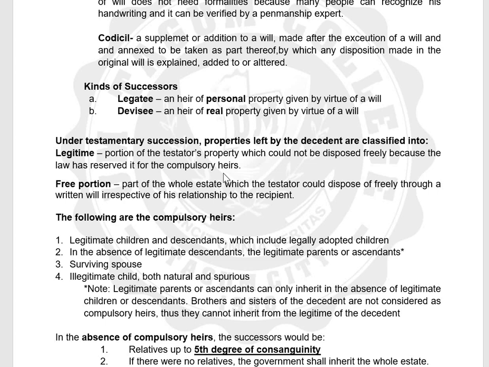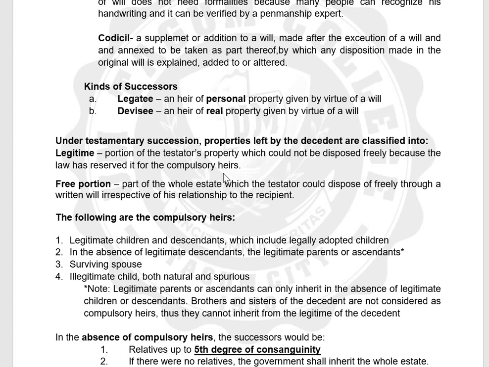So kasi parang the law identifies certain persons which is designated as the compulsory heirs, no? So yung legitimate is a portion nga ng testator's property na hindi niya pwede ibigay sa others. It's because the law reserved it for the compulsory heirs, okay?